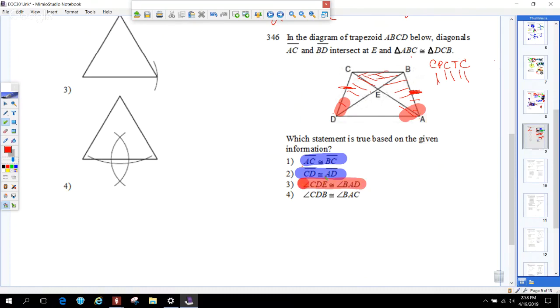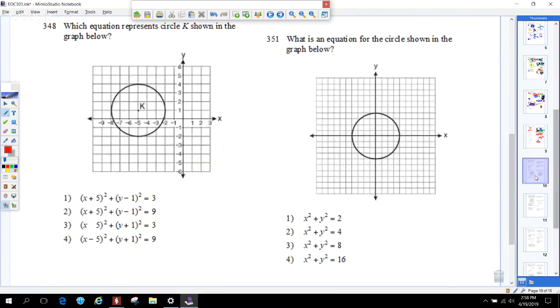So obviously no. Finally, we're left with CDB, this angle here, and BAC, this angle here. And again, we would know that by corresponding parts of congruent triangles are congruent.